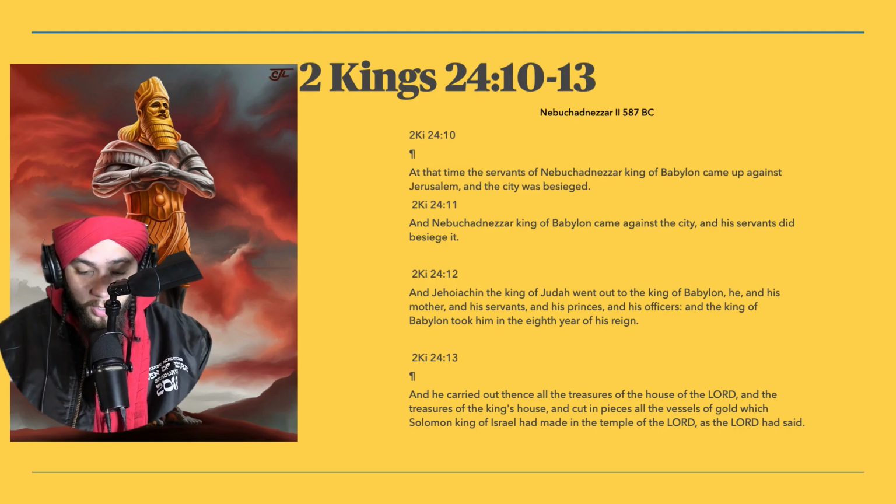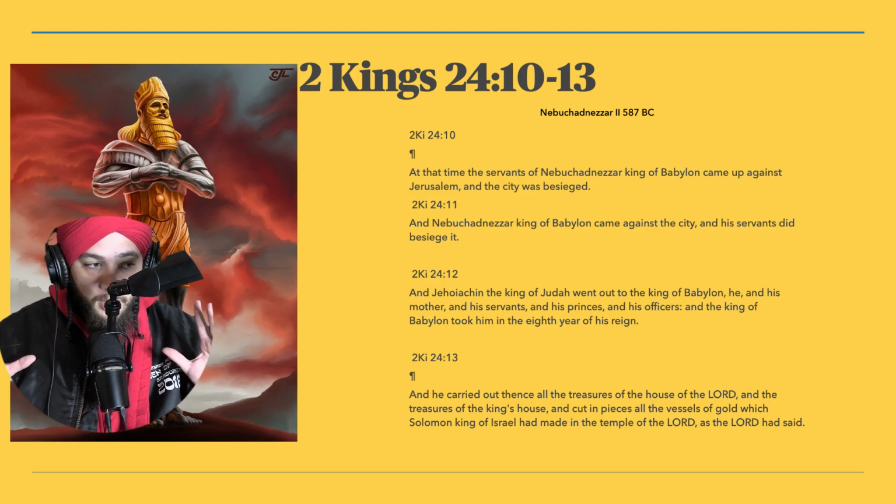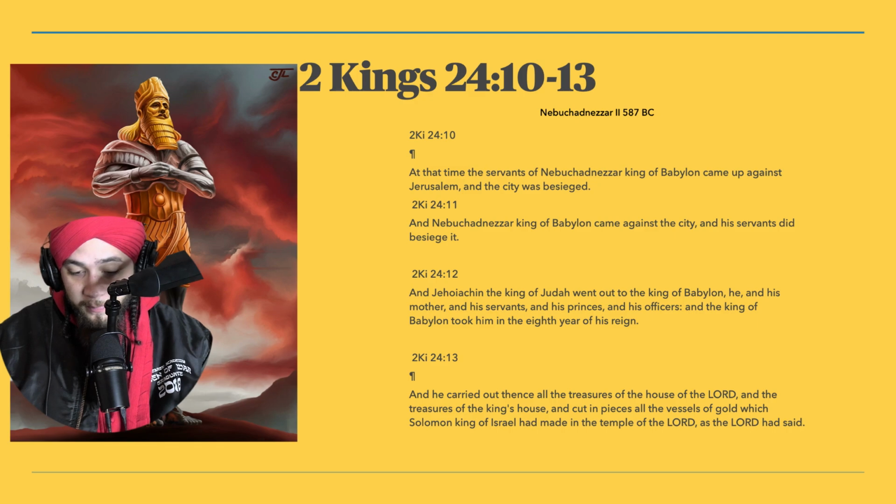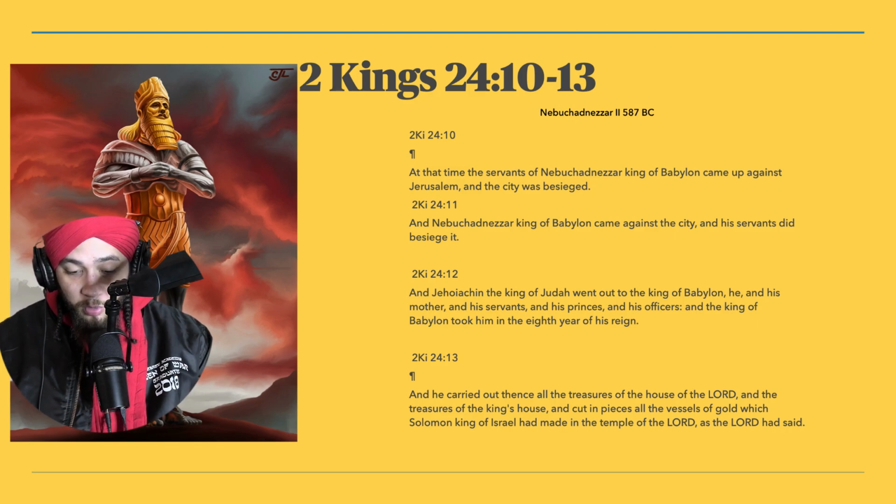And for you to understand, and this is going to be important for later on in the lesson, most major cities were surrounded by a huge wall. We were defended, you see, by our great wall.